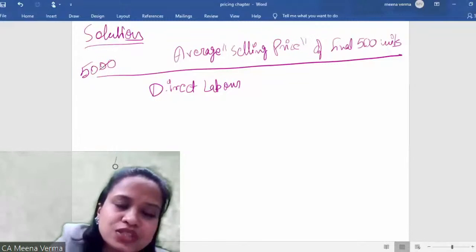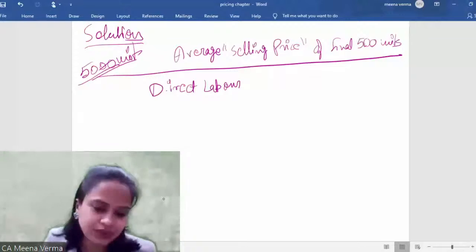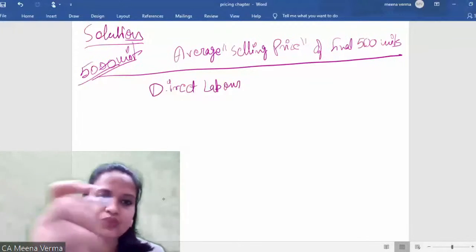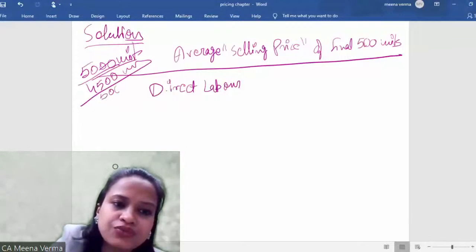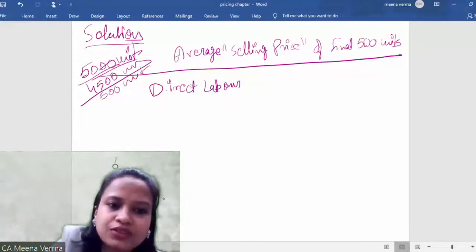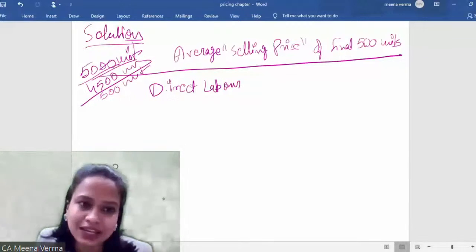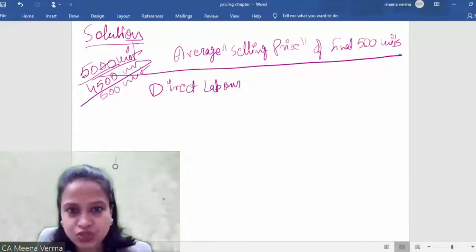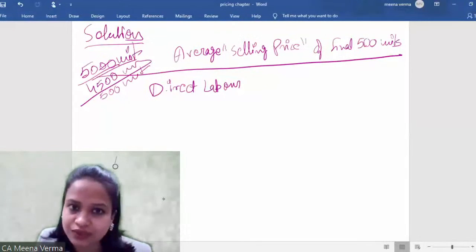Then we will remove the cost of the 4,500 units so that we are left with the cost of the remaining 500 units. First we find the total cost for the entire 5,000 units, out of which we subtract the cost of 4,500 units, and in this way we get the cost of 500 units.